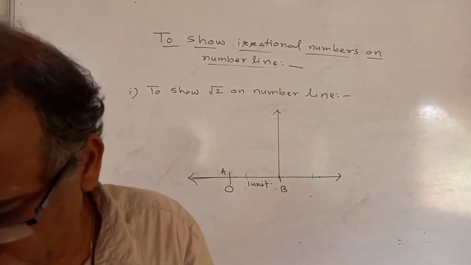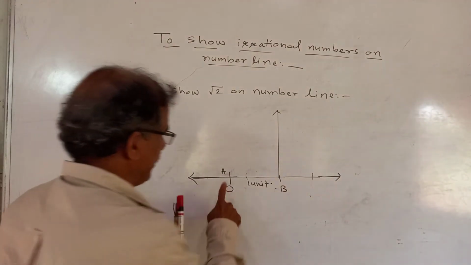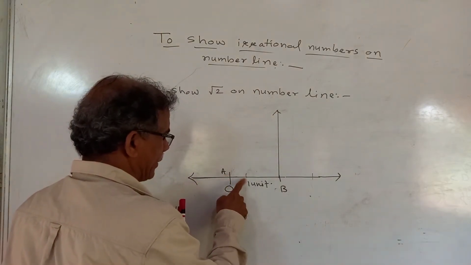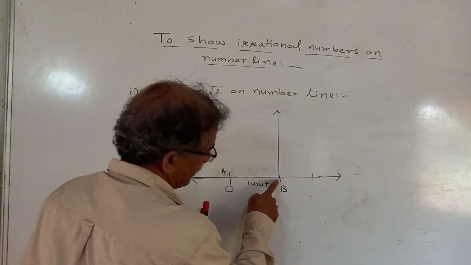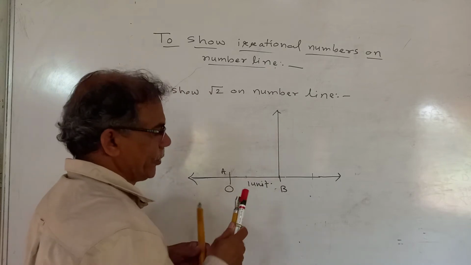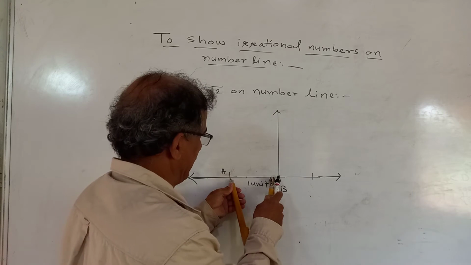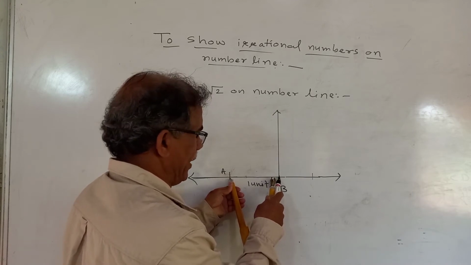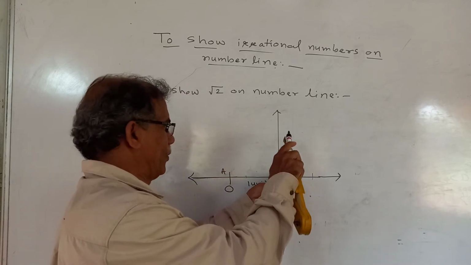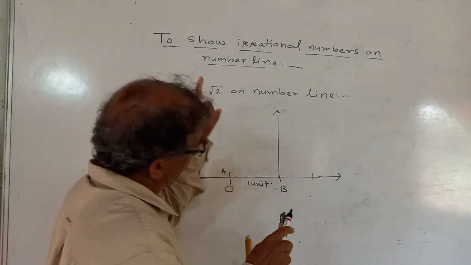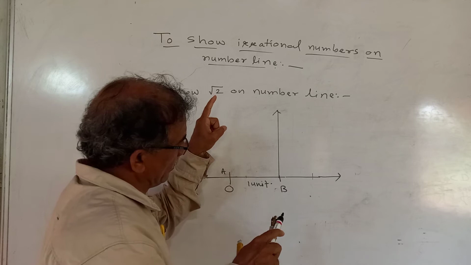Then what you have to do, see, from point A at a distance of 1 unit, I have marked this point B, isn't it? So you take exactly the same distance with the help of a compass. Take this distance, okay? And keep the compass on B, and you take 1 unit distance on the perpendicular that you have drawn.